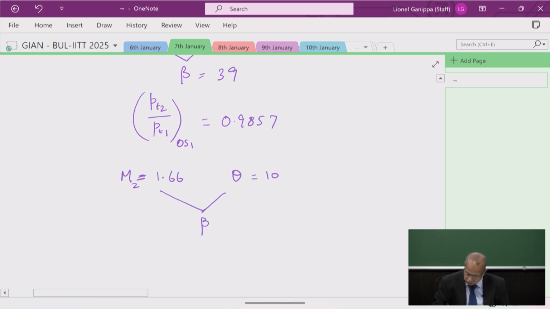So what's the value for beta 2? That's something you need to do from here. How much? 48 degrees. So what is M2N? This is the oblique shock 2. M2N is equal to M2 sine beta 2.